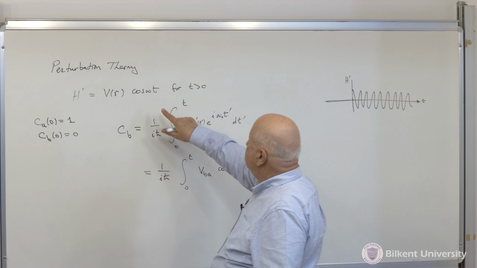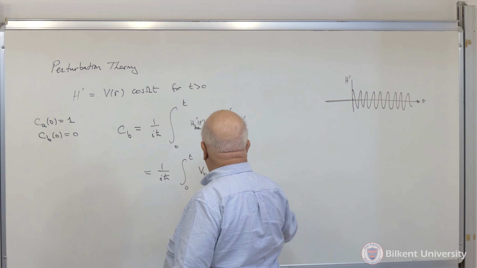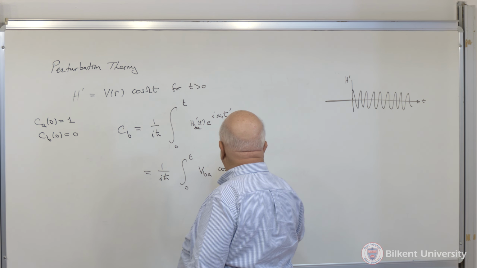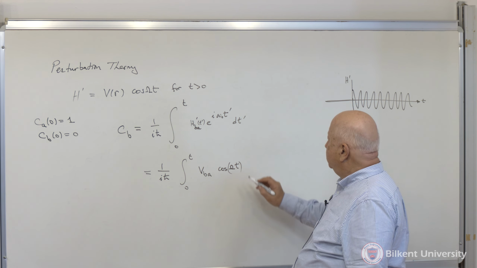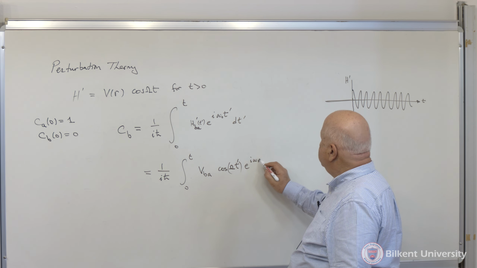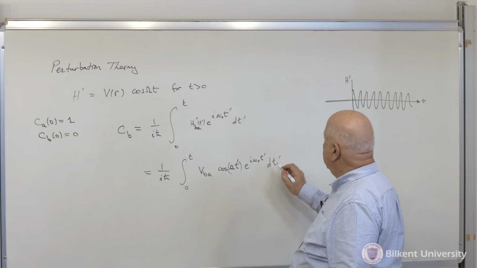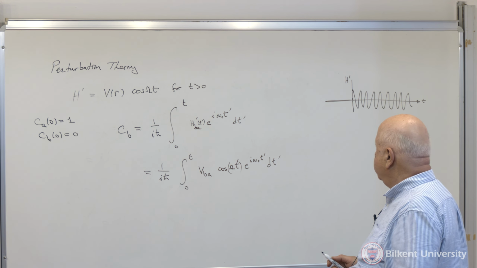Again, let me be consistent, let me make this big omega. That's the frequency that I am applying. That's my perturbation, t prime e to the i omega 0 t prime dt prime. Now this is approximate, first order perturbation theory.